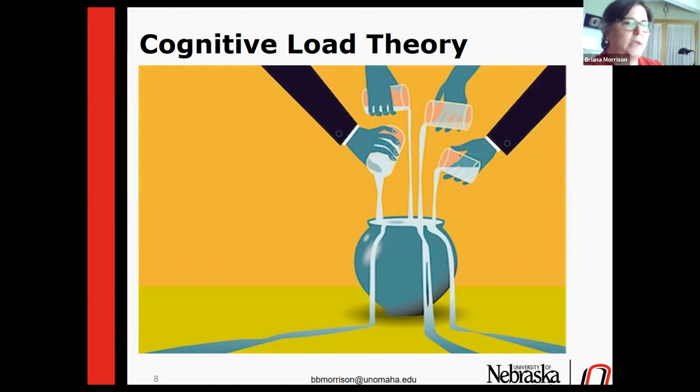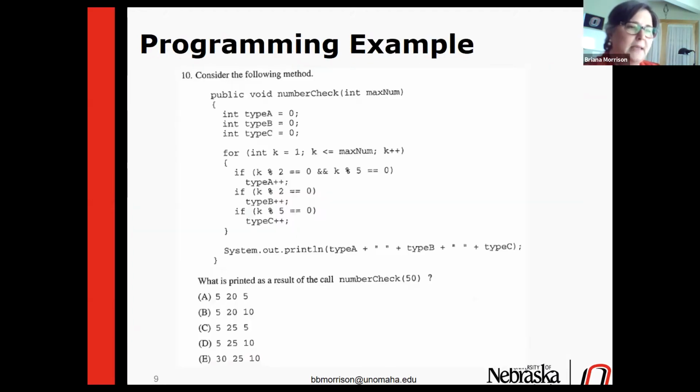So I'm interested in applying cognitive load theory and subgoal labels to learning how to program, right? So let's look at a typical programming example. This might be a typical exam question that you would get in the middle of a Java course, right after you had been taught control structures, right?